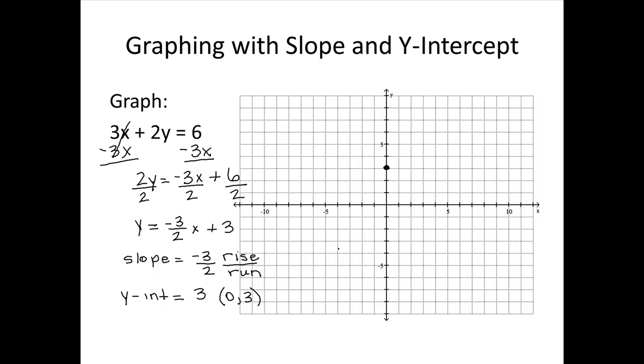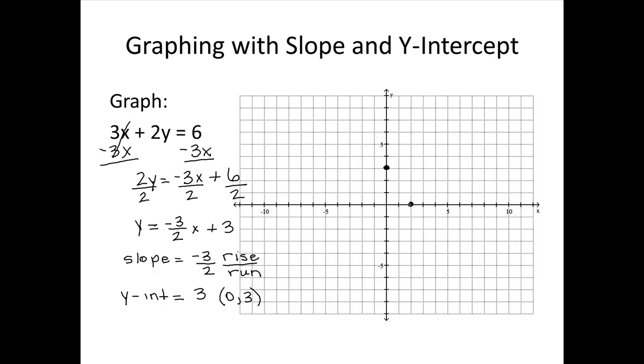From there, we use the slope to get to another point. Our slope is negative 3 over 2. So if my rise is negative, I'm going down 3 units. 1, 2, 3. My run is positive, so I'm going right, and it's 2 units. 1, 2. And I put a point.